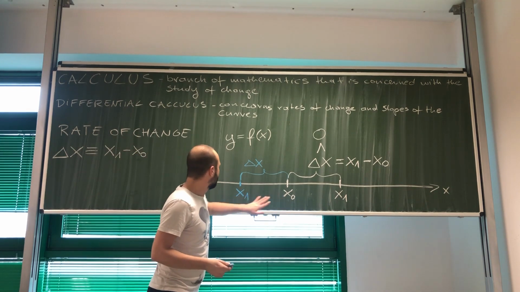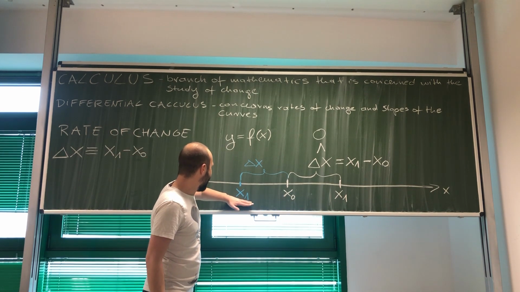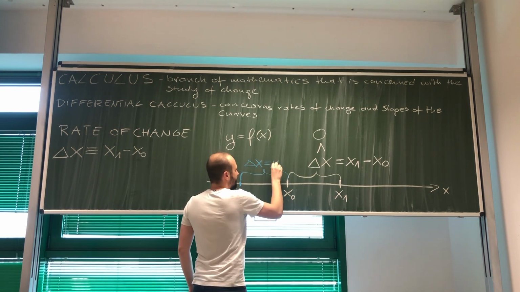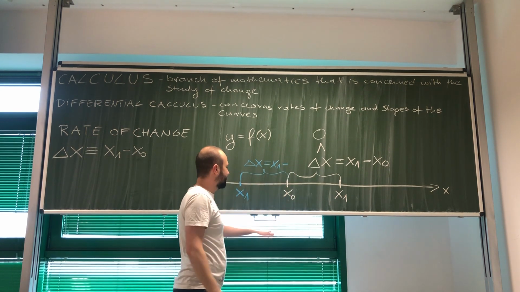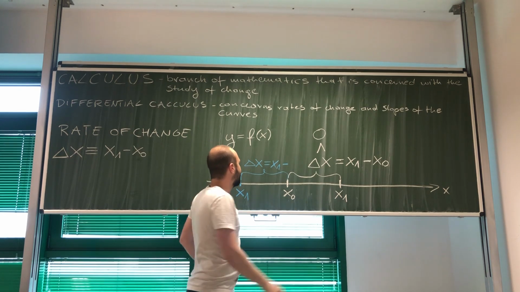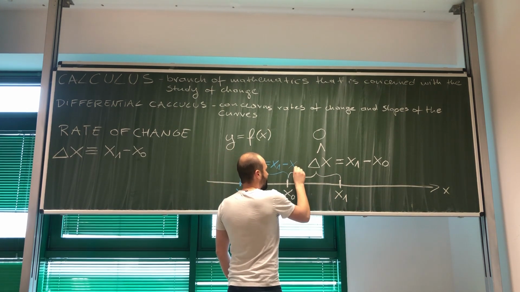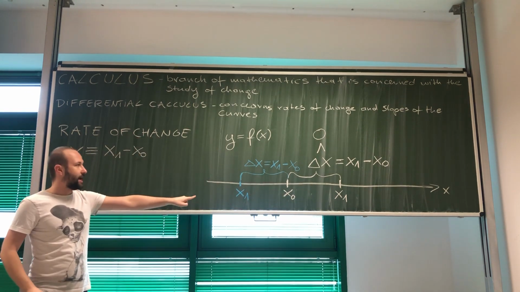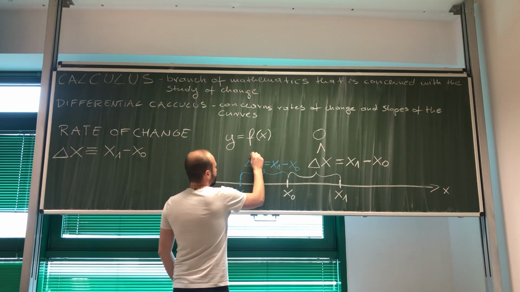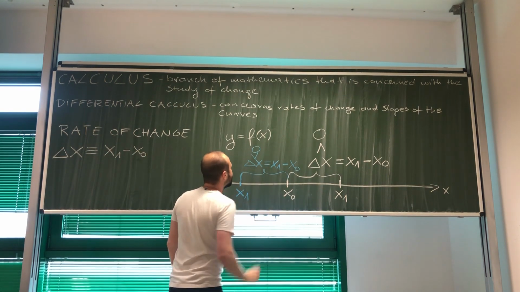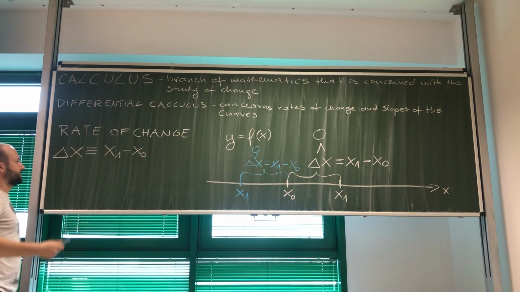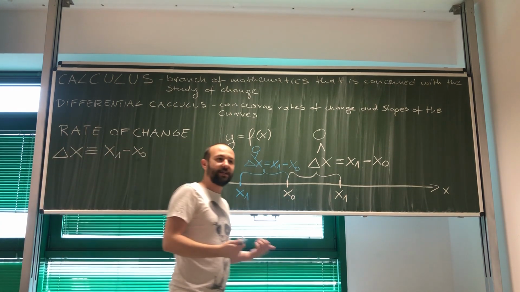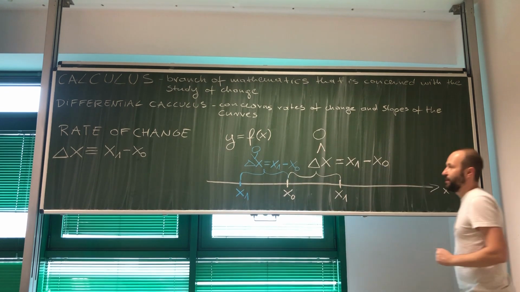Because we will take the value of x at the end, after the decrease, and we will subtract the value at the beginning. But this time, of course, x has declined, so we expect delta x to be smaller than 0, because now x is lower than it used to be at the very beginning.